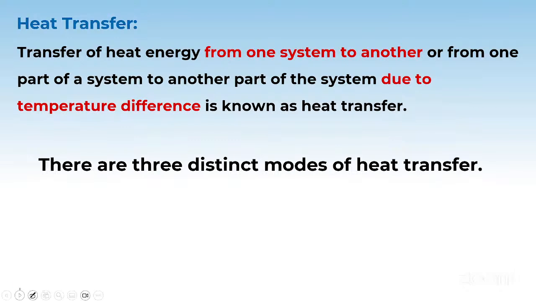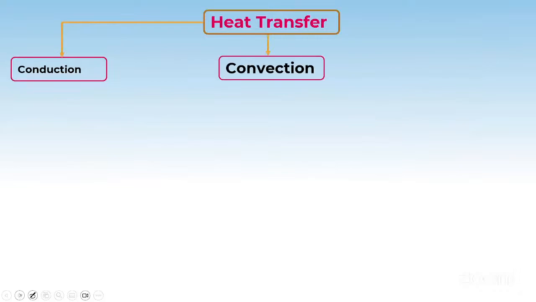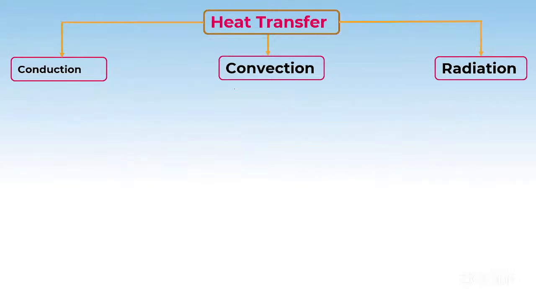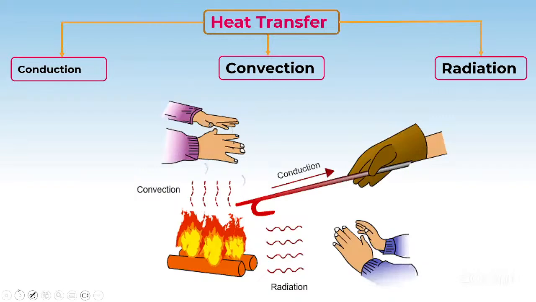Now there are three modes of heat transfer. You can transfer the heat using three modes. The first one is conduction, the second one is convection, and the third one is radiation. Okay. Now, what is conduction, convection, and radiation? We will be elaborating on it one by one. Now, firstly, we will be seeing this figure.